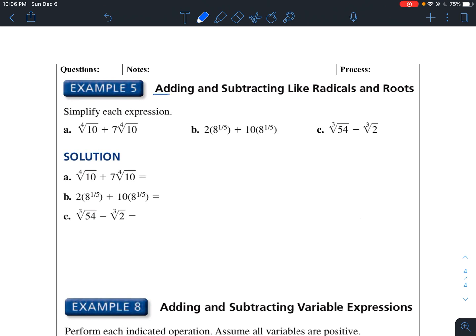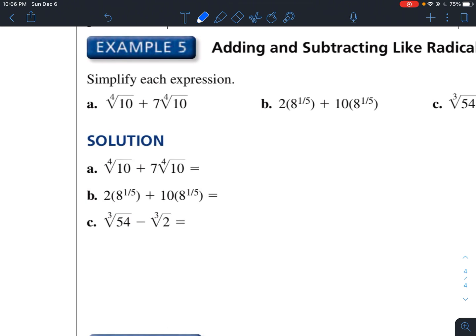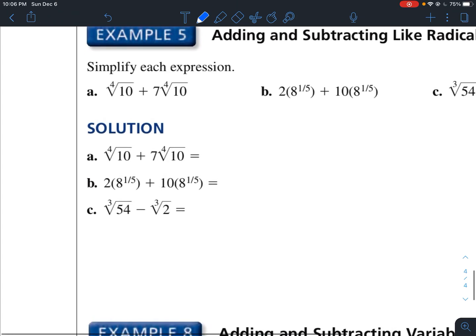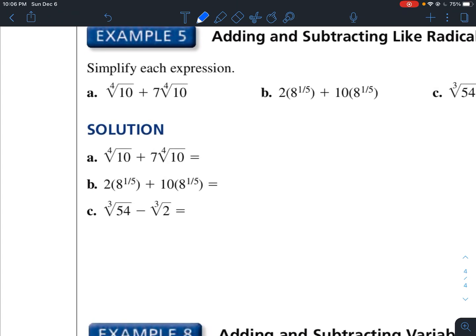So adding and subtracting like radical roots. Here we have the fourth root of 10 plus 7 times the fourth root of 10. Imagine that the fourth root of 10 is just x. So we have x plus 7x.